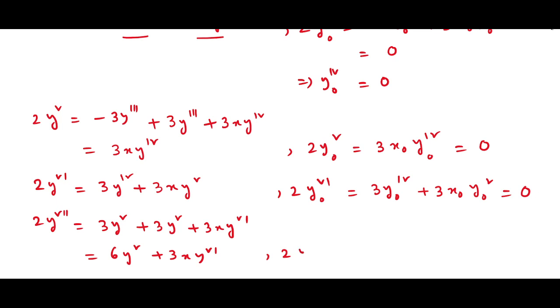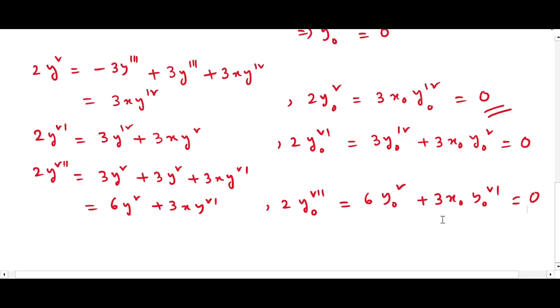So the initial value is y naught 7. So our right side is 6 y naught 5 plus 3 x naught y naught 6. You see, y naught 5 is 0, and in the second term we have x naught, so it's 0. So let us stop here because all the values, 4, 5, 6, are coming as 0.